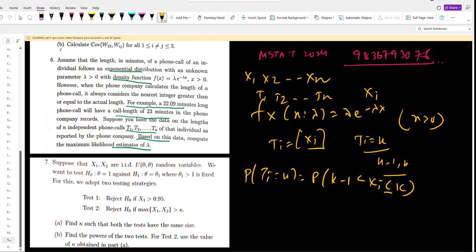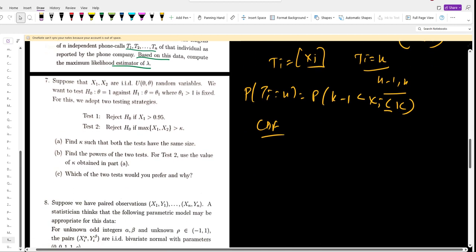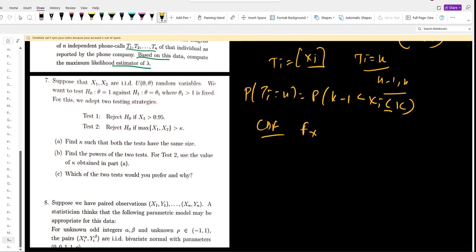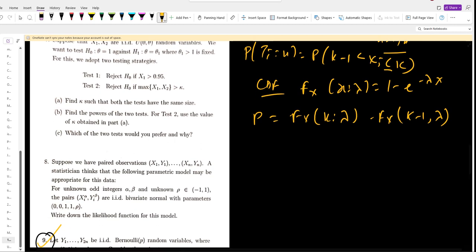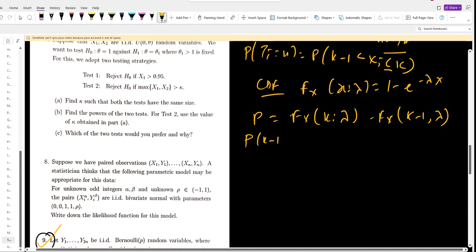Now here we will use the cumulative distribution function, the CDF for the exponential distribution, which is F(x, lambda) = 1 minus e^(-lambda x). We can express our probability as F(k, lambda) minus F(k minus 1, lambda). If we substitute, P(k minus 1 < Xi <= k) is (1 minus e^(-lambda k)) minus (1 minus e^(-lambda (k minus 1))).